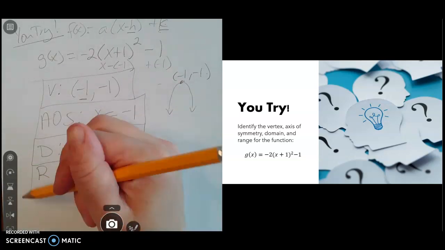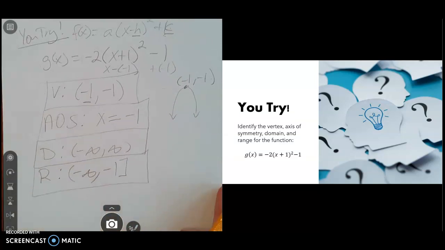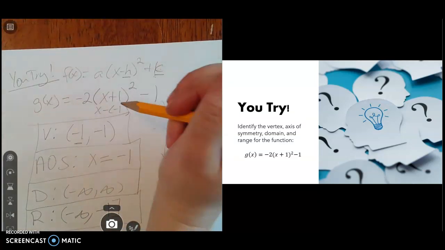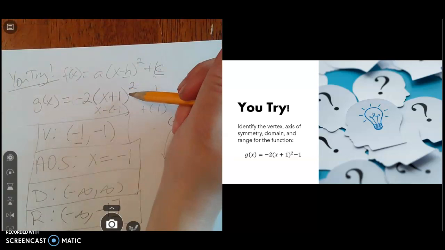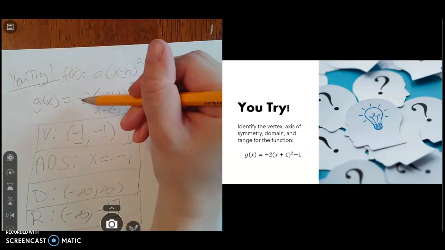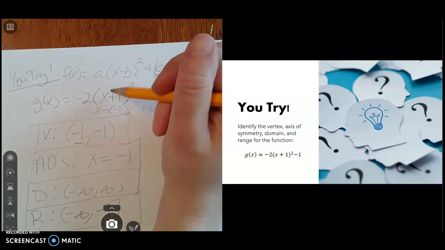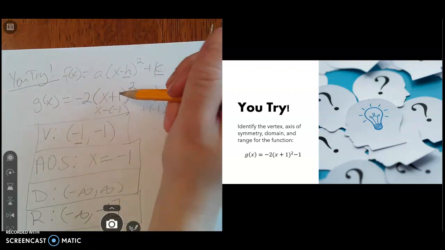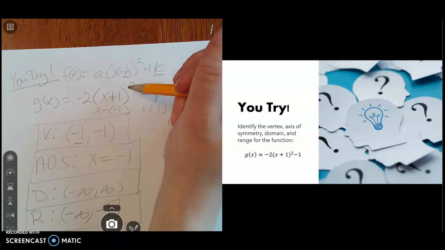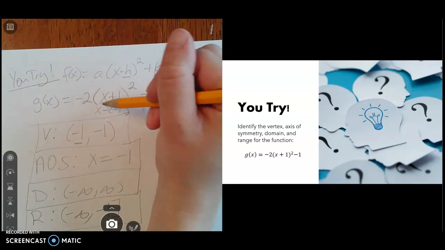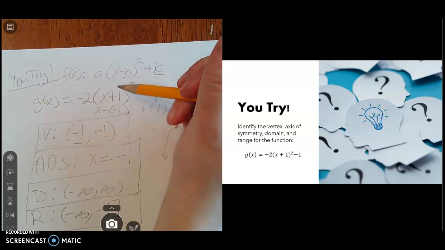If you want to think about the range algebraically, what's going to happen is basically the negative, hopefully you guys realize, flips things upside down. But basically, whatever x value you put in, the highest thing you're going to get here is having a 0, essentially.